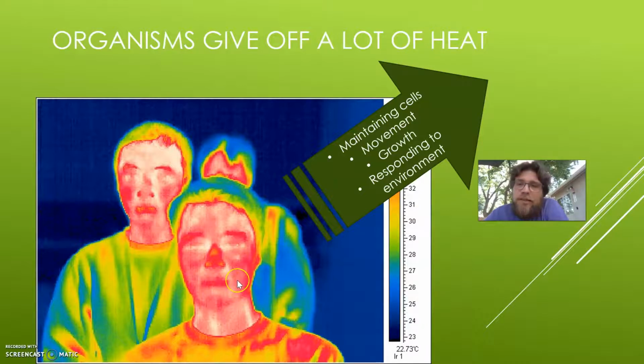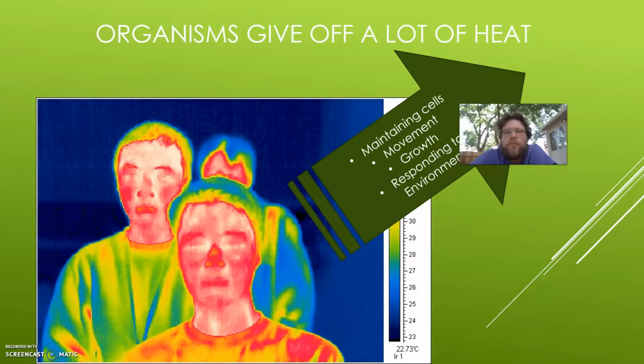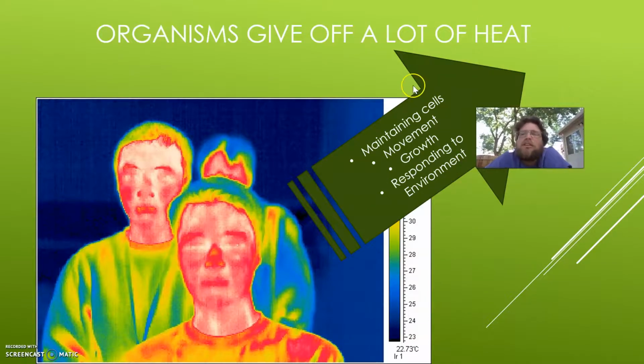Anytime you use energy, you use ATP through cell respiration, whether that's just keeping your cells healthy, moving around, running, trying to catch something if you're an animal, growing, or responding to the environment. All of these processes release a lot of heat waste.